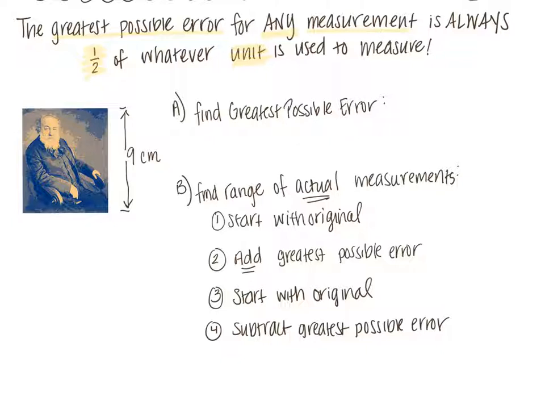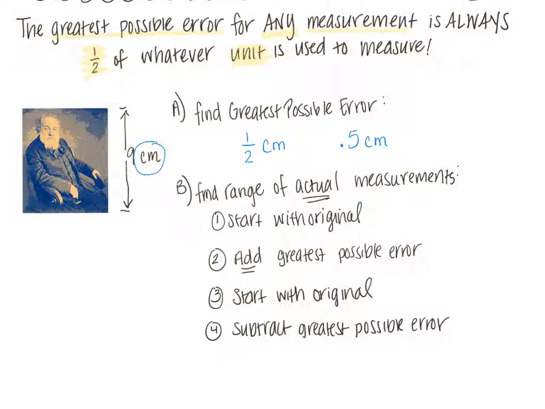So again, my greatest possible error for any measurement is always 1/2 of whatever unit is used. So what's my unit? Well, my unit is my centimeters. So half of that unit would simply be half of a centimeter. I could express this as a decimal, 0.5 centimeters, and that's probably going to be your easiest method of expression, your decimal form.